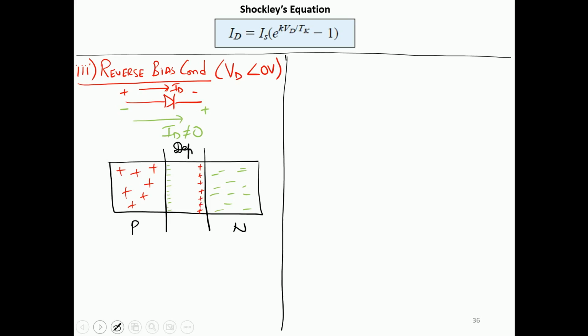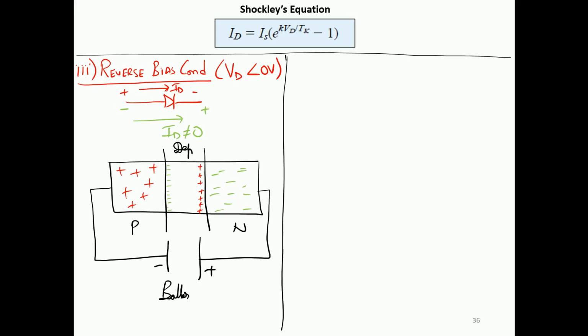Now in this reverse bias condition, we change the polarities of the battery such that the p-type is now connected to the negative side of the battery and the n side is connected to the positive side of our battery, that can be VDC. So now when we create this kind of a scenario, what should be the obvious result? The positive ions are going to be attracted towards the negative terminal of the battery, and the negative ions will be attracted towards the positive side of the battery.